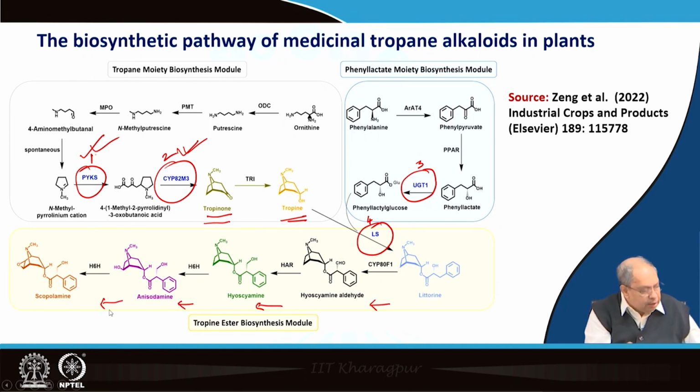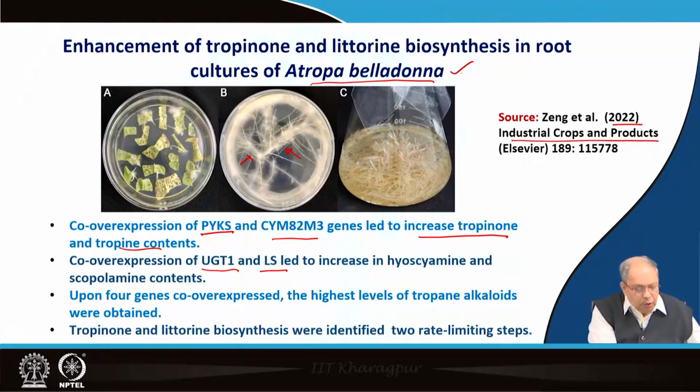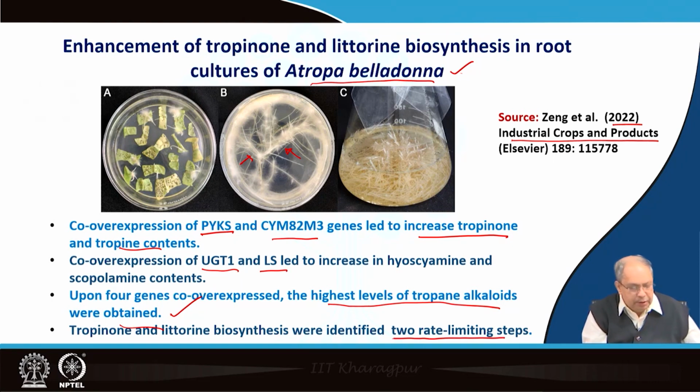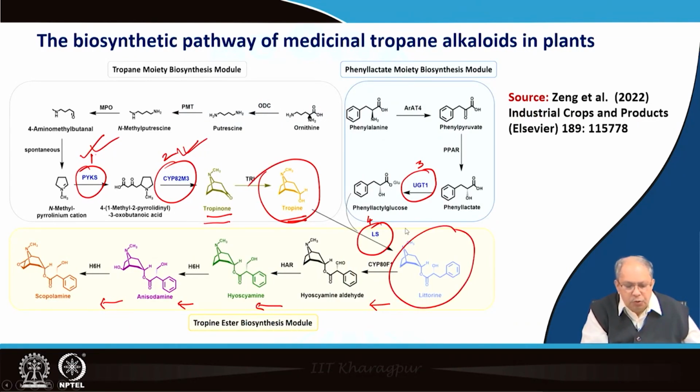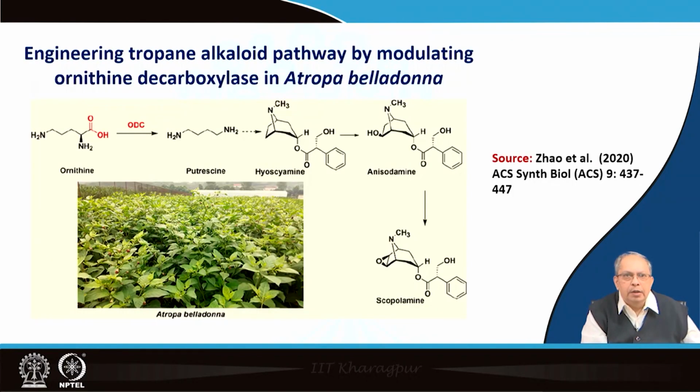Upon co-expression of all 4 genes, the highest level of tropane alkaloids was obtained. That is also obvious, and they said that tropinone and littorine biosynthesis were identified as 2 rate limiting steps. So, once you can have these 2 intermediates produced in higher amounts, the final product will be enhanced.